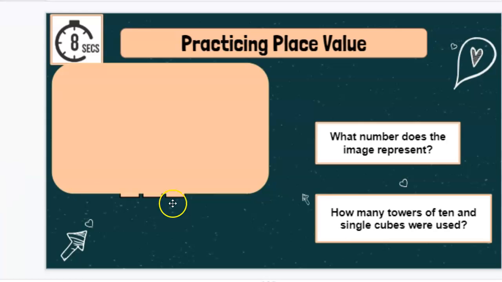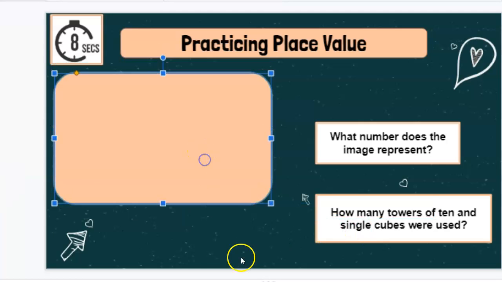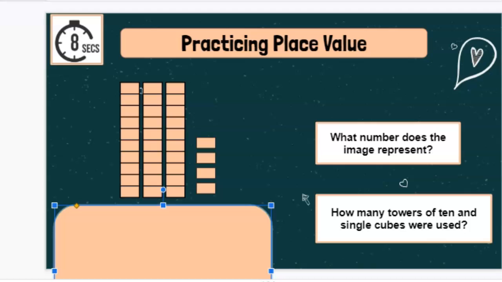So let's go. We're going to be practicing place value. I'm going to show you the slide for 8 seconds, and you're going to write the number that you see. Okay, time's up.